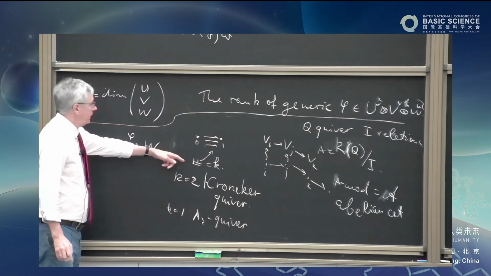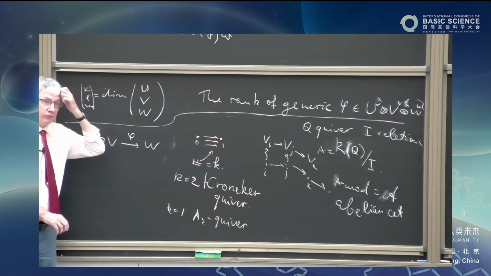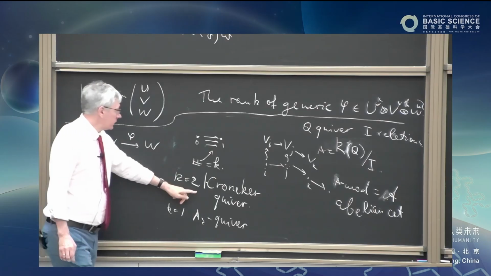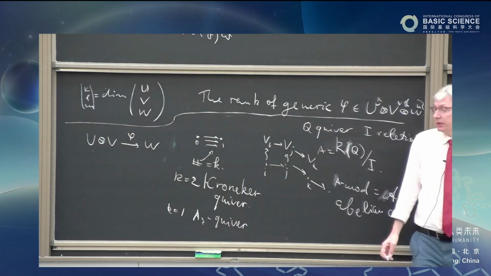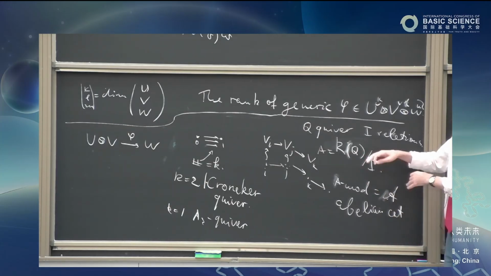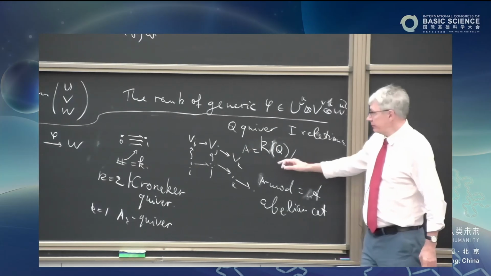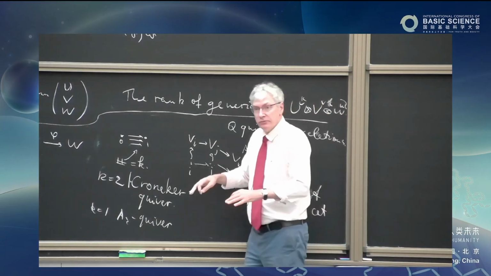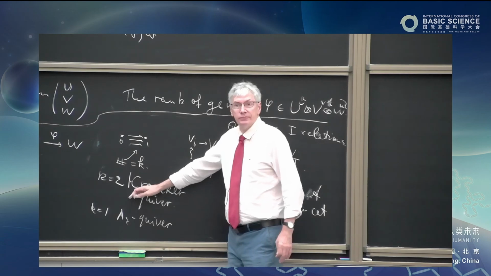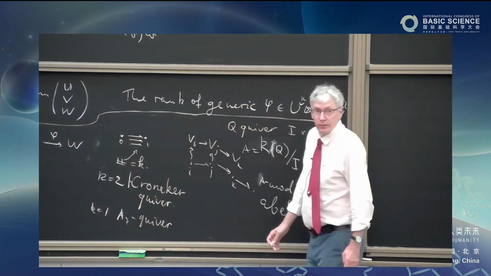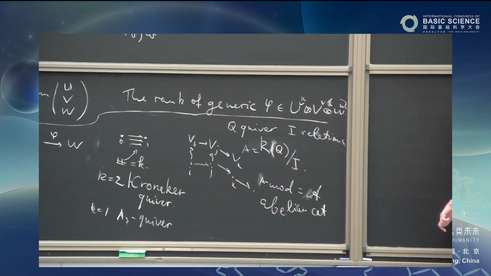And for higher k, it's a kind of generalization of the Kronecker quiver. Why is it called the Kronecker quiver for k equals 2? Because Kronecker classified all indecomposable representations. I mean, you can take direct sums of representations. So indecomposable representations, which you cannot decompose into a direct sum, could be completely classified in this particular case, k equals 2. And we will consider this case, I hope.